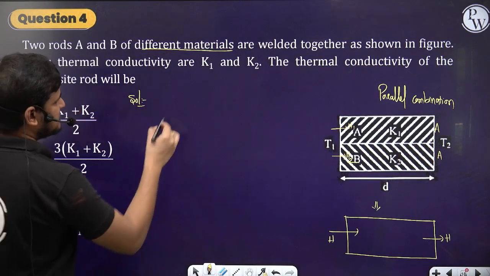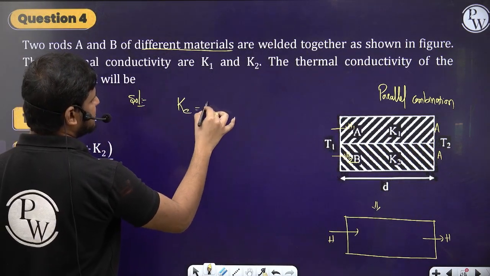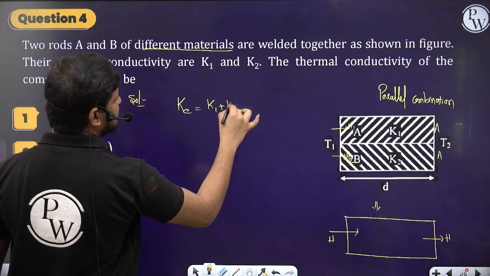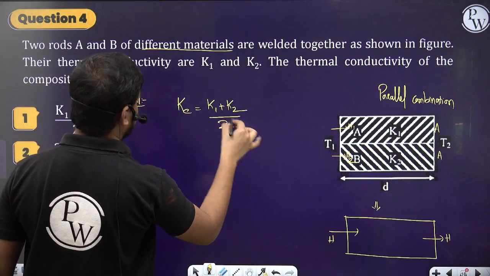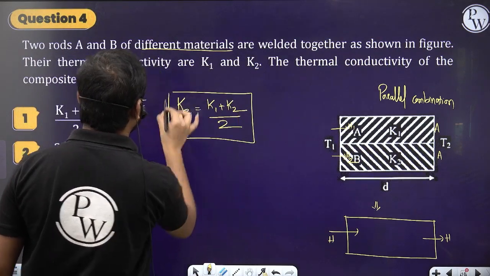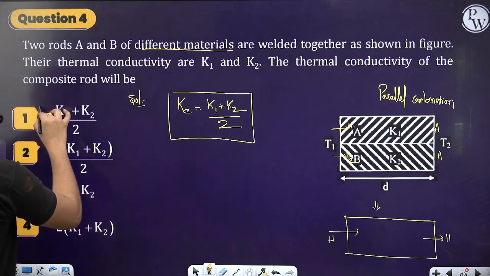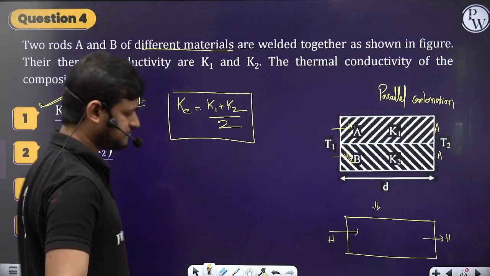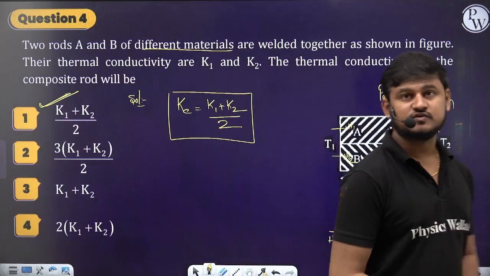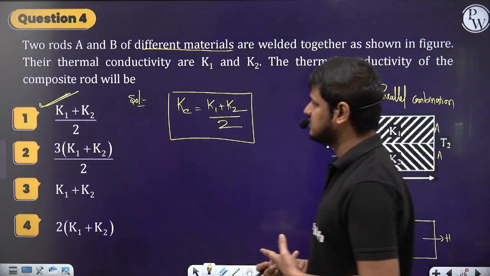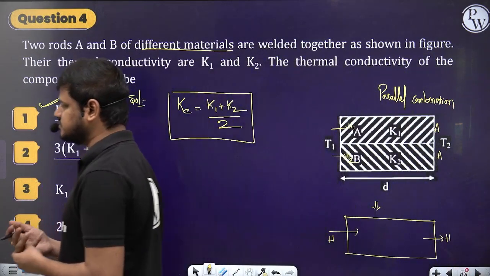If the area is the same, the K equivalent will become K1 plus K2 by 2 directly. This is a direct standard result, so you can choose option 1. Done guys? Just now we did the standard result, right? So you can directly mark the option.